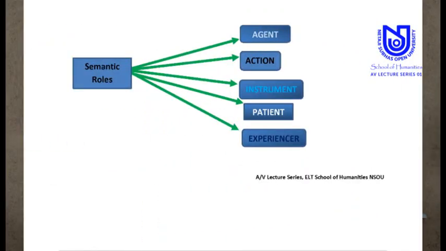Researchers in L1 acquisition like Brown and Schlesinger found that the early utterances of children are more readily explicable as semantic roles. So there are a number of semantic roles. These semantic roles from the chart are action, agent, instrument, patient and experiencer. If we emphasize on function, on the other hand, the researchers who were working in this area were Brunner and Halliday.